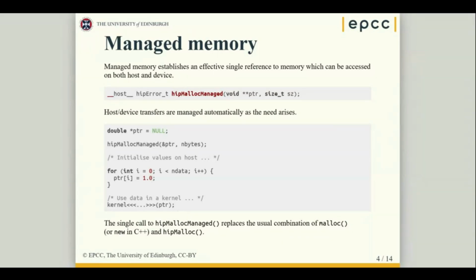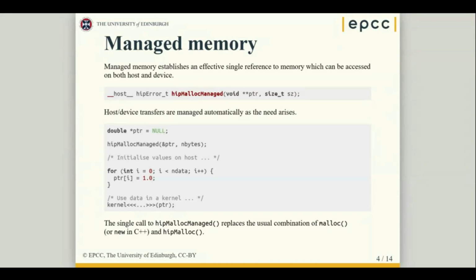But we can delegate that memory transfer to the API, and it will handle the memory transfer. If we use managed memory, we would need only one reference, one pointer, and it will simplify things.